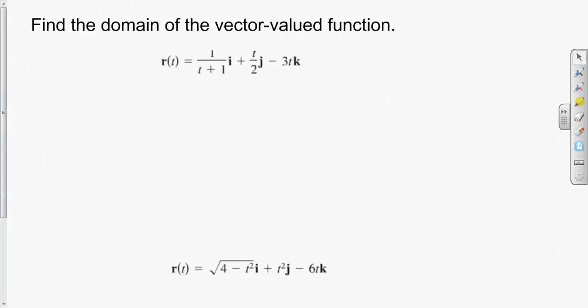If it's some function that's rational, then you know that when the denominator is equal to 0, it's not continuous. That's the only value you're concerned about here for this first form, 1 over t plus 1. If t is equal to -1, it is discontinuous. So the domain would be all real numbers except -1.